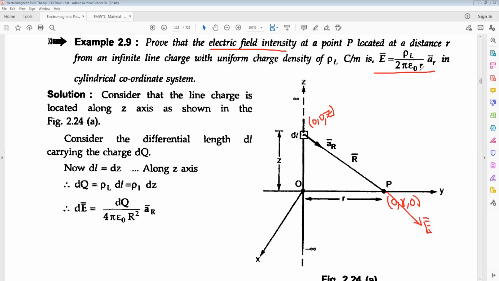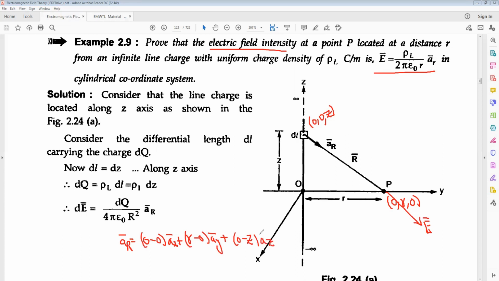That too is rho L by 2 pi epsilon naught into AR bar. Take AR bar is equal to 0 minus 0, there is no X component, 0 minus 0 into AX bar plus R minus 0 into AY bar plus 0 minus Z AZ bar.